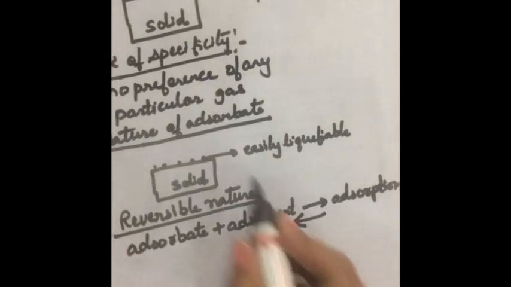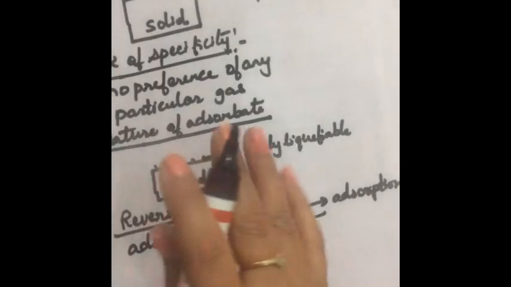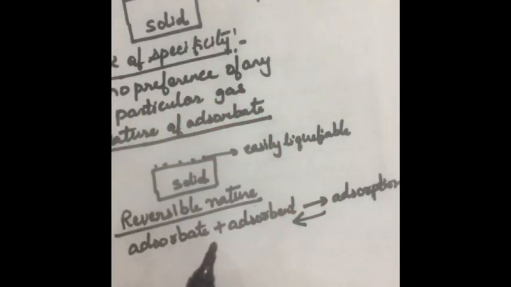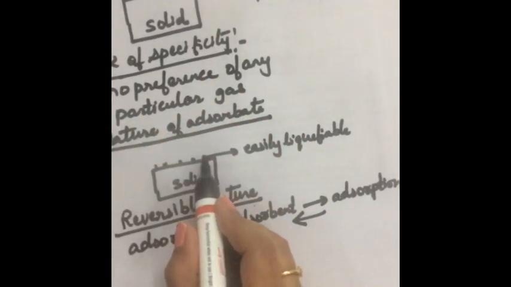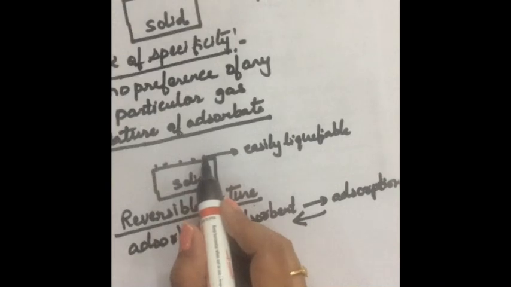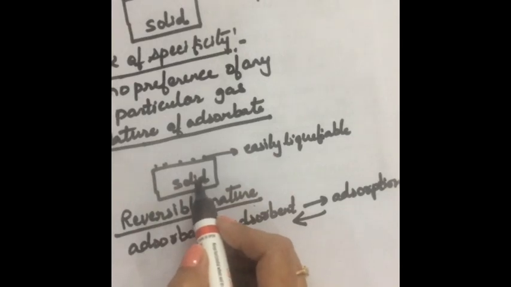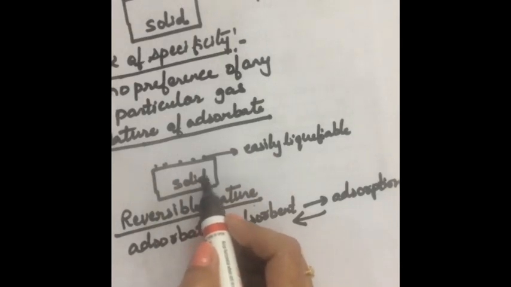Gases are adsorbed on the surface of this solid. If more pressure is put on these gas molecules, more gas molecules will come near to the solid and stick to the surface of solid. That is, adsorption will be more. But if pressure is decreased, then the adsorbate will move away from the adsorbent and hence the process will decrease.